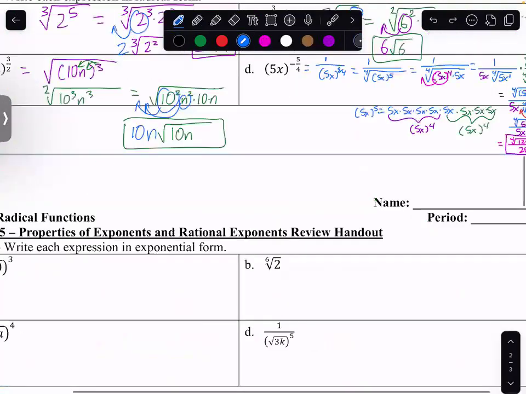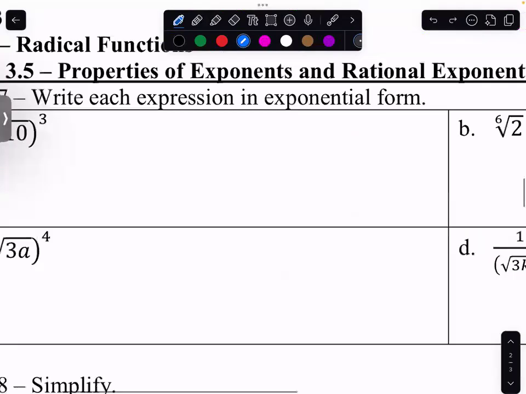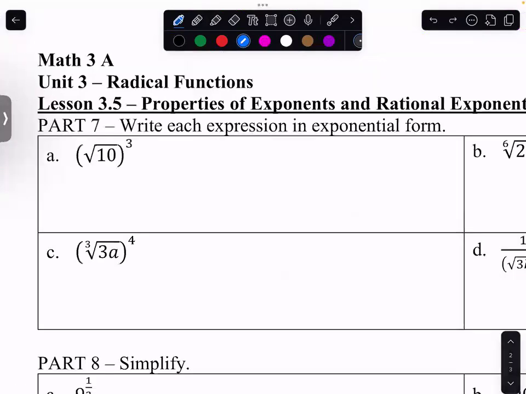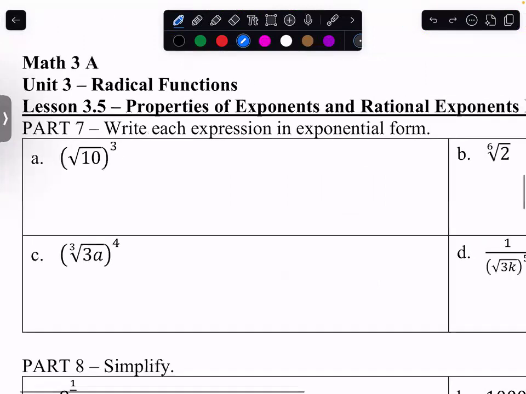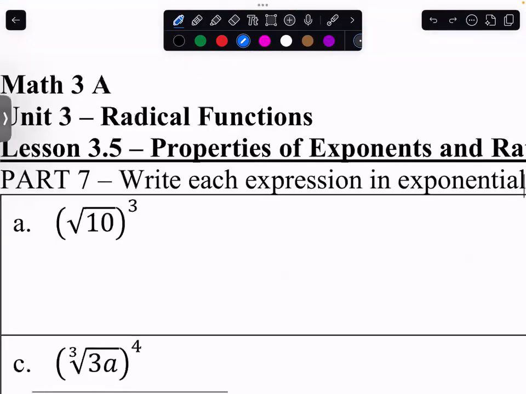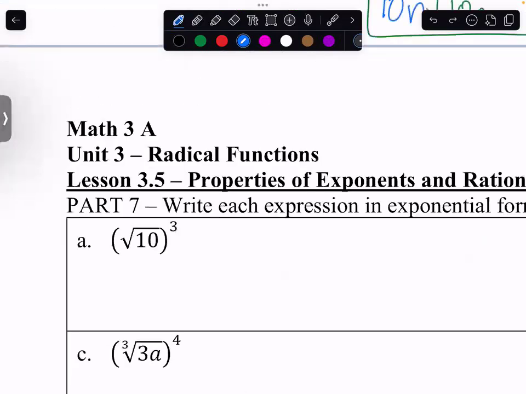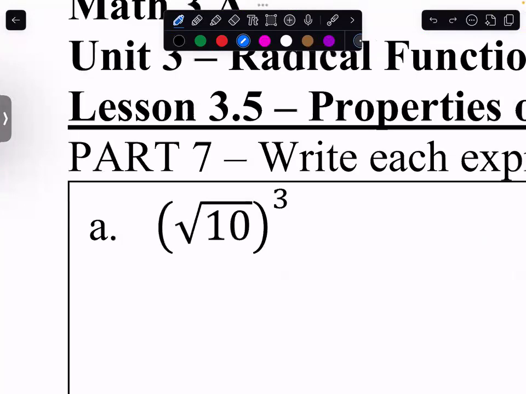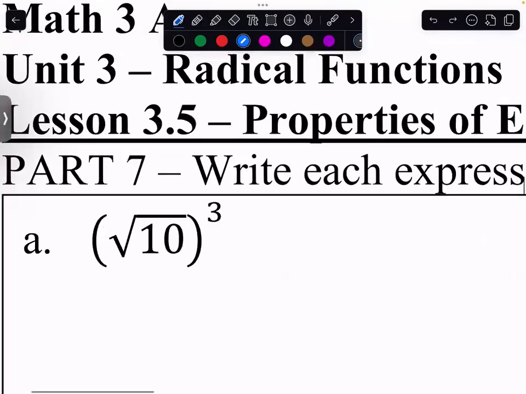Okay, moving on then. Okay, so on the back, we are now starting with the radical and trying to rewrite it in exponential form. So, 1/3, not quite actually. So the index of this square root, the invisible index is actually a 2 because it's a square root.